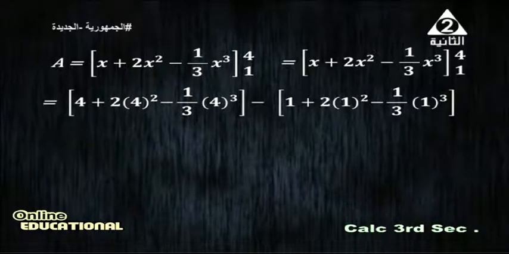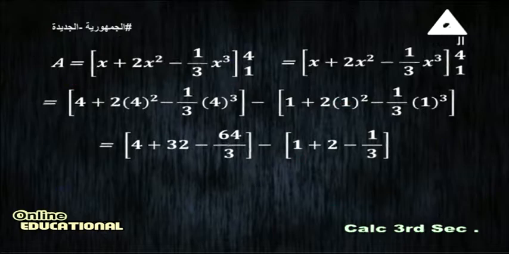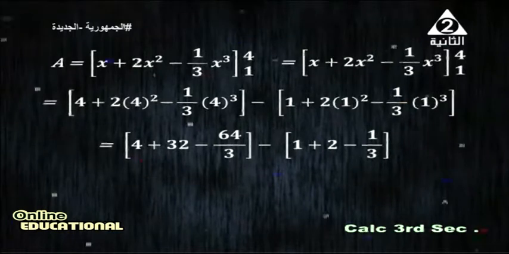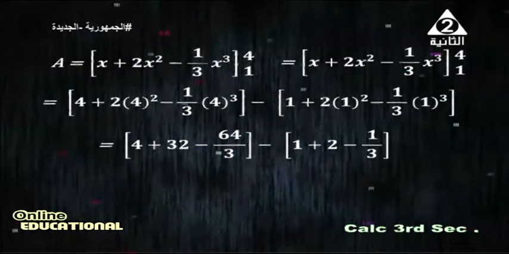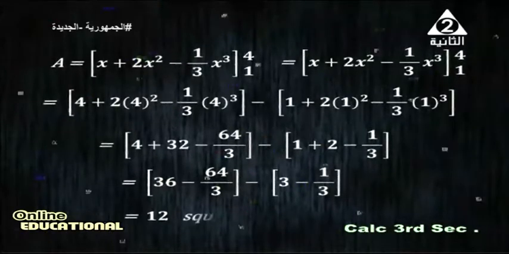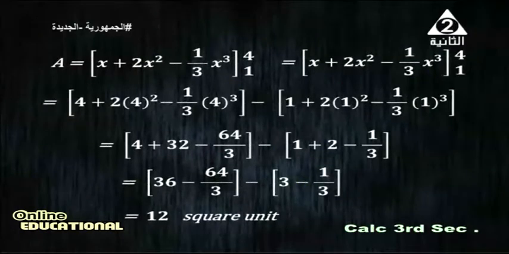We can calculate the value of each bracket. 4 plus 32 minus 64 over 3, minus, between two brackets, 1 plus 2 minus a third, equals 36 minus 64 over 3 minus 3 minus a third, which equals 12 square units.